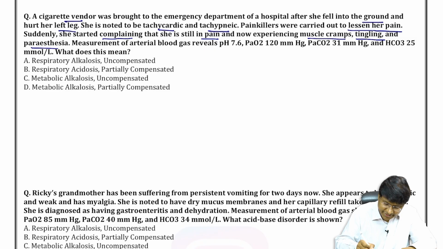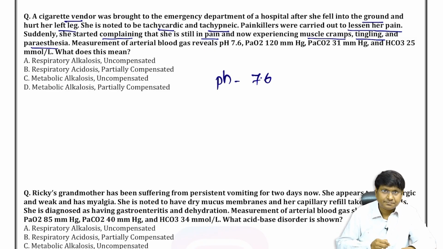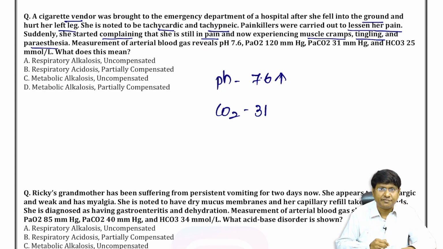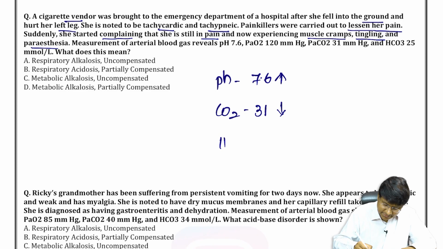Measurement of the ABG revealed the pH is 7.6, which is increased. The carbon dioxide is 31 millimeters of mercury, which means it is decreased. Then you take the bicarbonate. Bicarbonate is 25, which means it is normal.